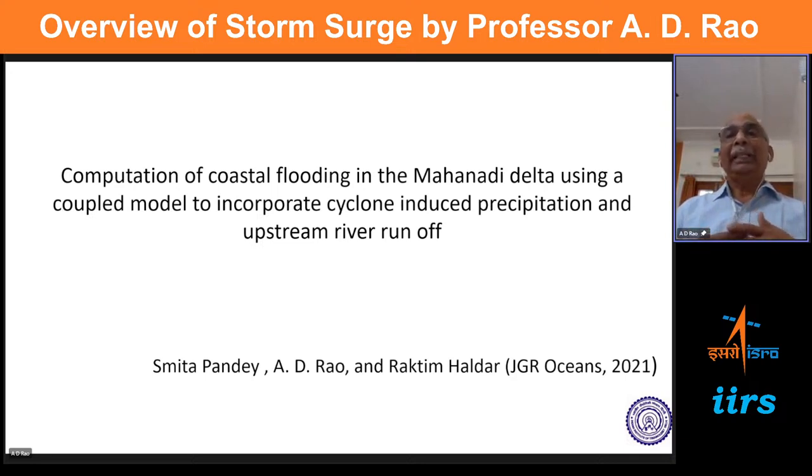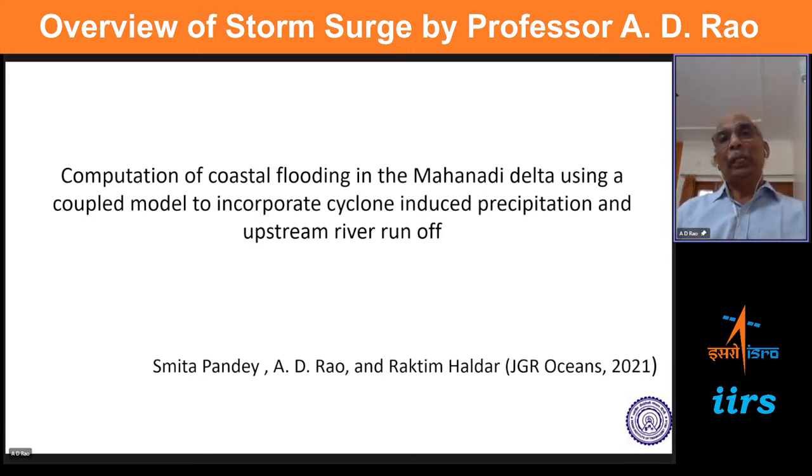Any cyclone is associated with a lot of precipitation. Particularly in the river system, if there is a lot of precipitation, that area is low-lying, so you expect more inundation.